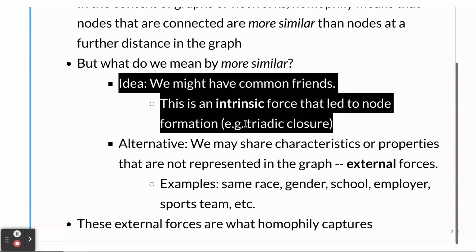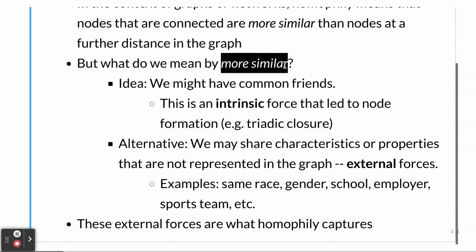And then we can lean on things like triadic closure to determine how similar a pair of nodes is.